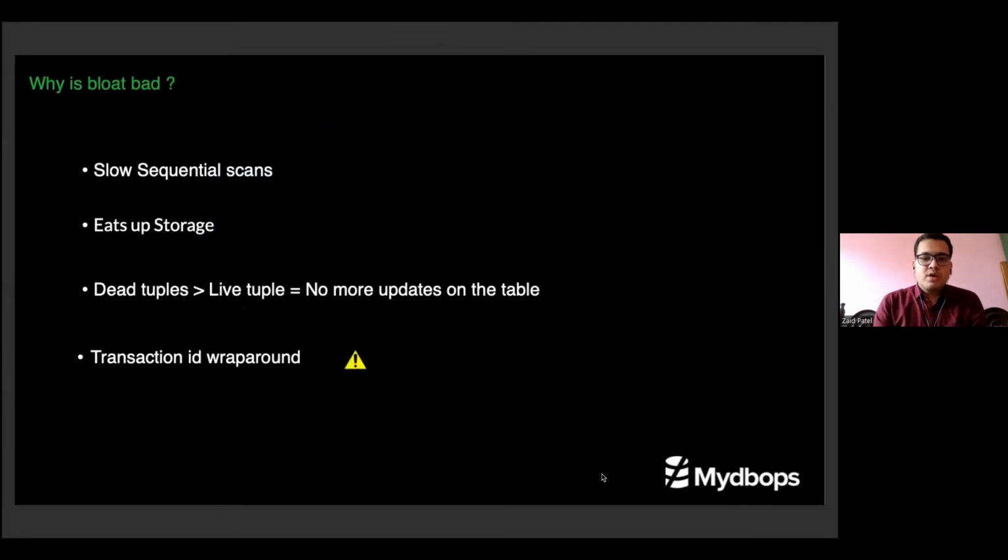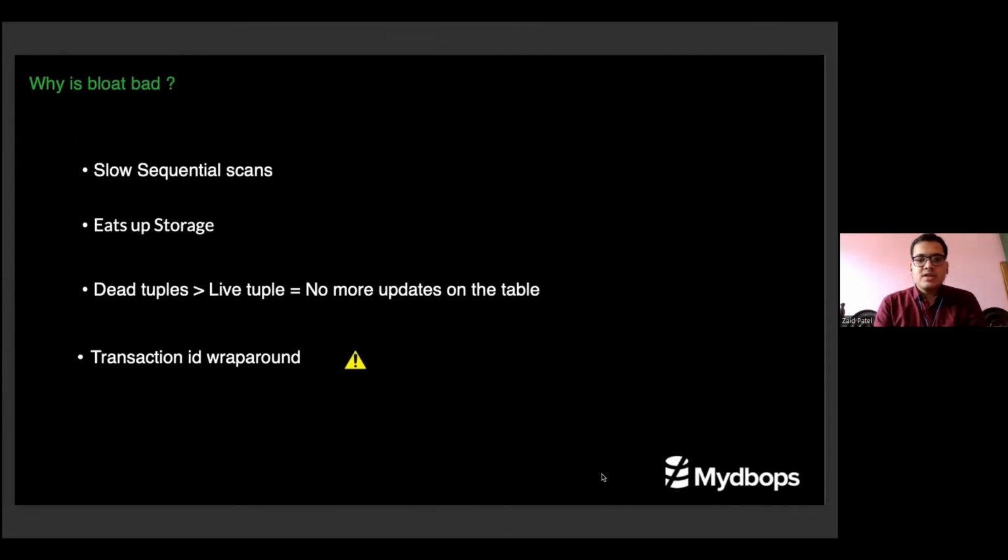So why is bloat bad? The first thing is slow sequential scans. When Postgres needs to scan the whole table for the required data, in this case it takes much more time because Postgres has to dodge all the dead tuples and then fetch the actual data.